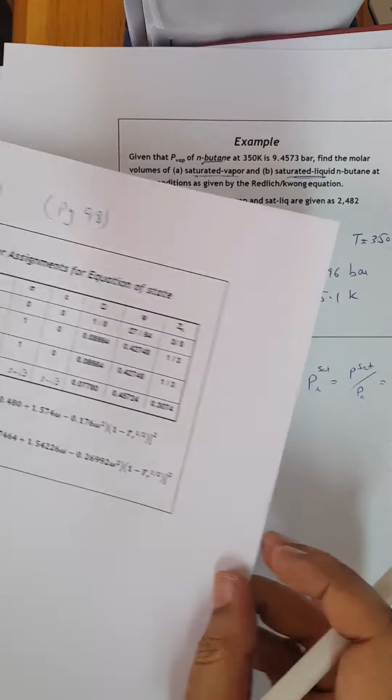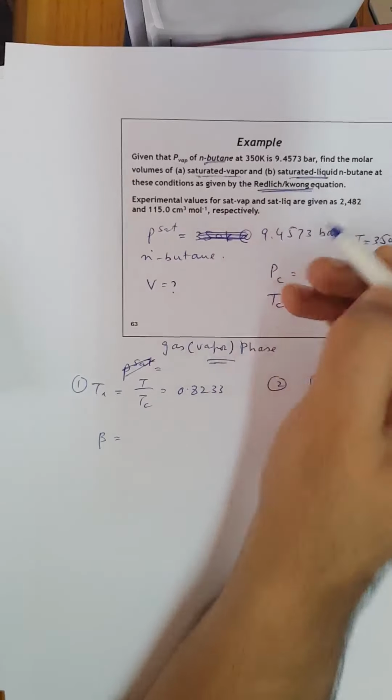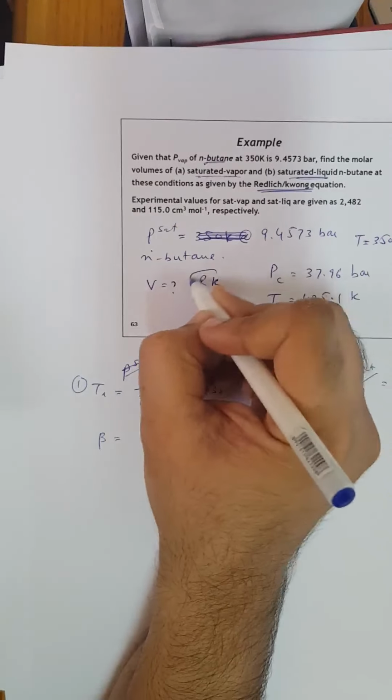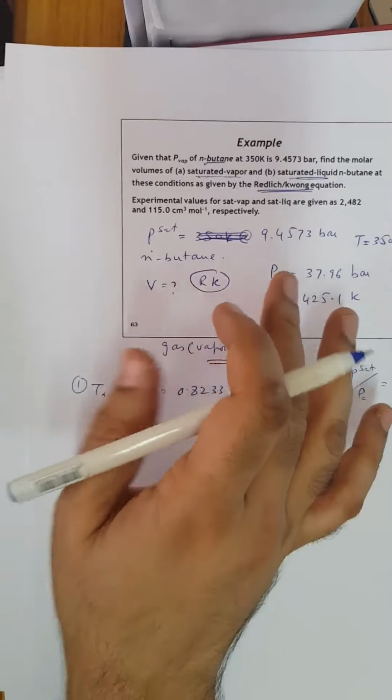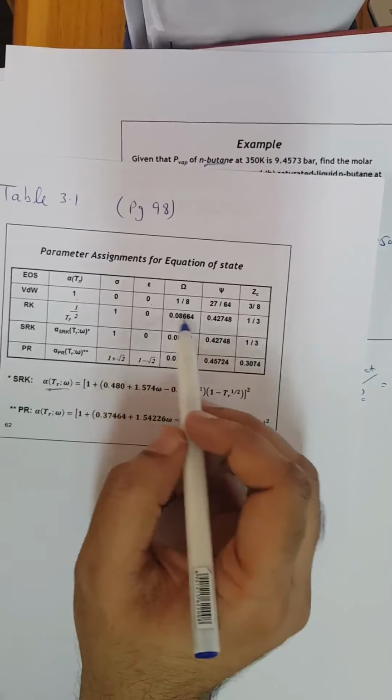Then we can find beta. We are using the RK equation, so you can also write RK. We are solving the problem by the RK equation, so we go to the RK row. What is the value of all these parameters?